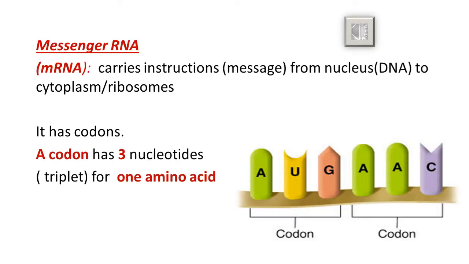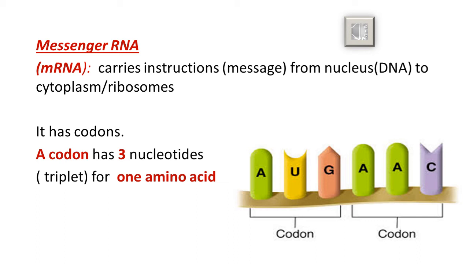Messenger RNA carries instructions, or the message, from the DNA. The DNA is located inside the nucleus. Messenger RNA takes the message from DNA and it gets out of the nucleus and goes into the cytoplasm or ribosome.